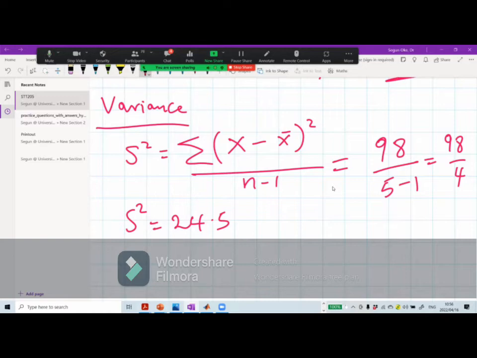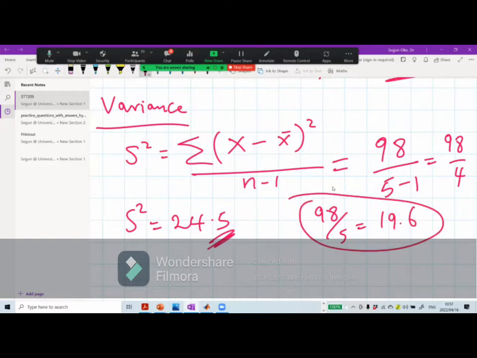What's the answer? 19.6. You can see the difference. Are they the same? No, sir. So if you miss the formula, you miss the mark.